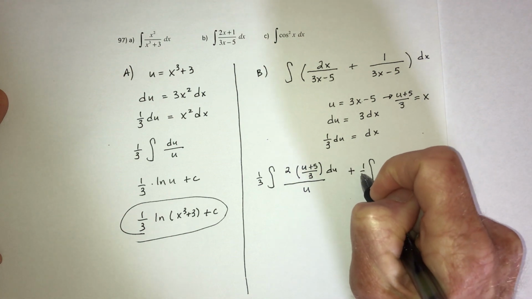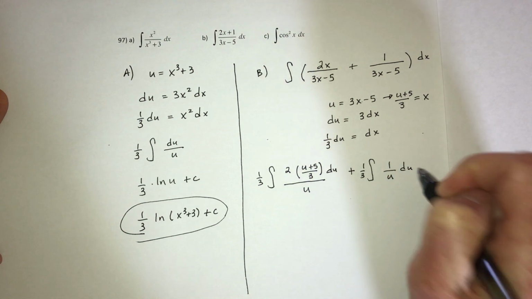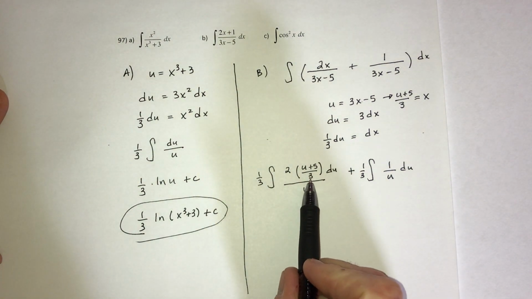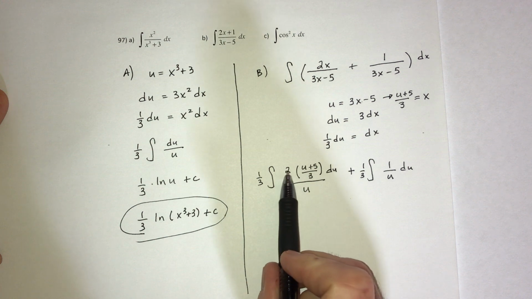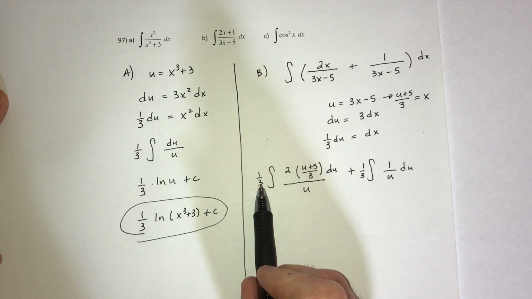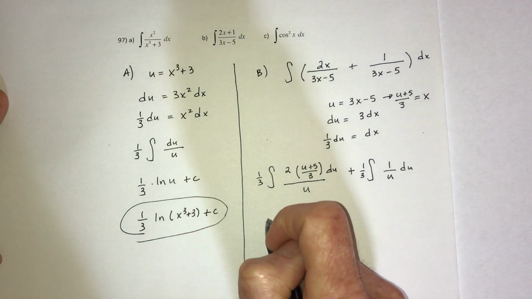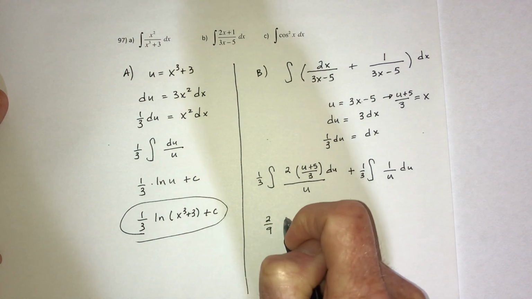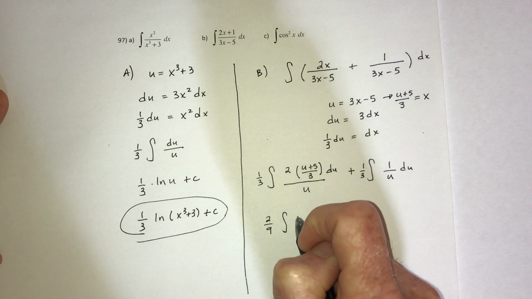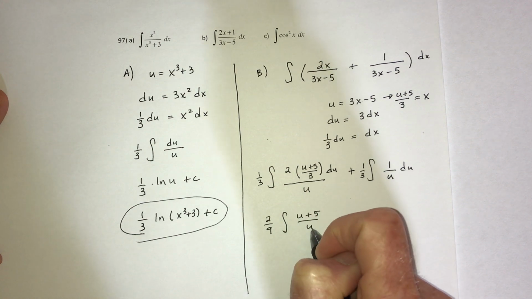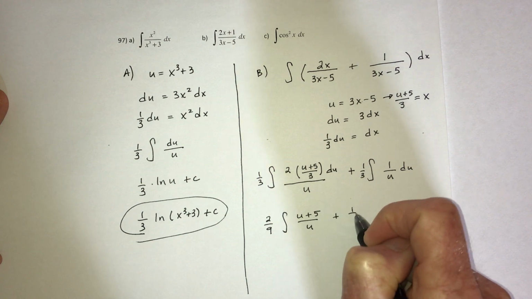So 1/3 du. And then, let's see, this is a 2/3, which I could factor out. And then I would have a 2/3 times a 1/3, so that's 2/9. And then what's left is u plus 5 over u.